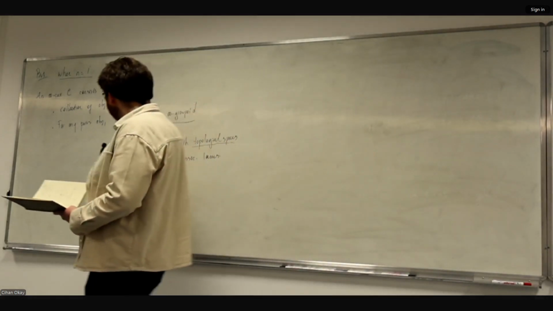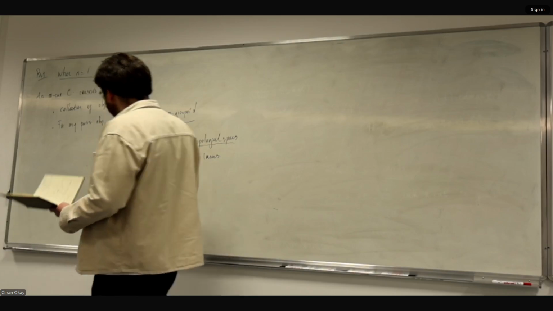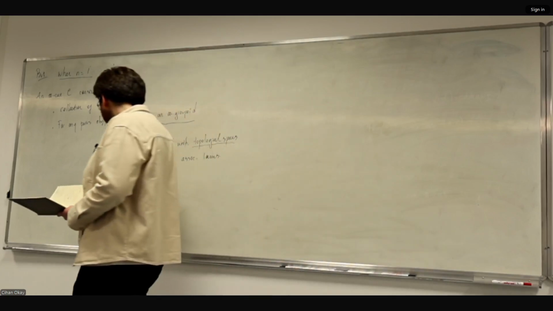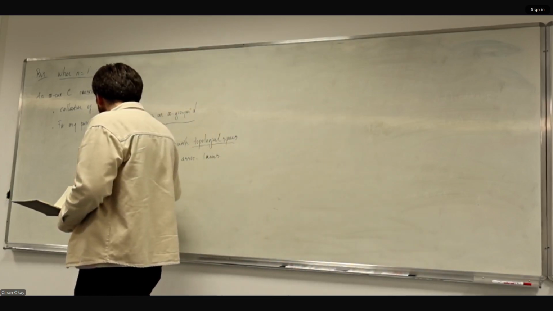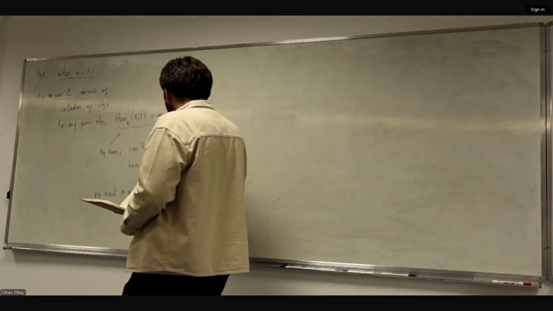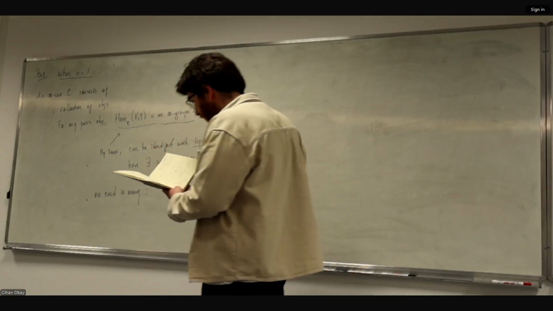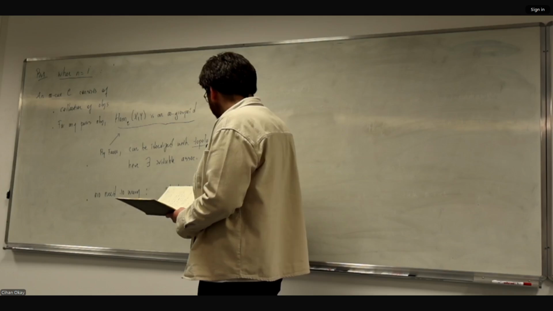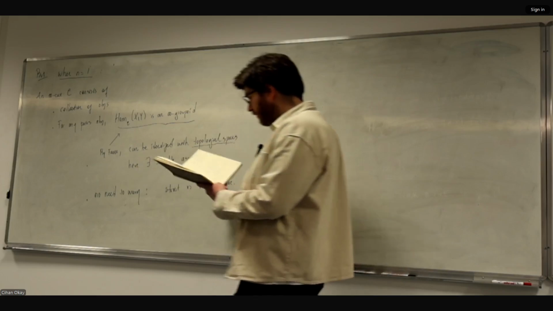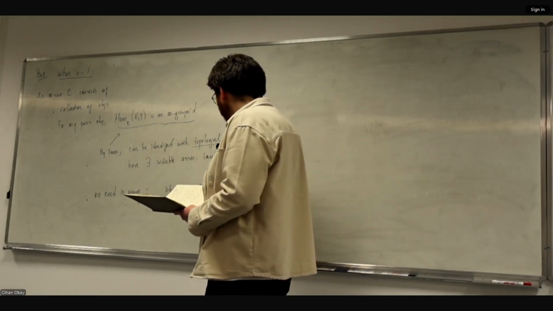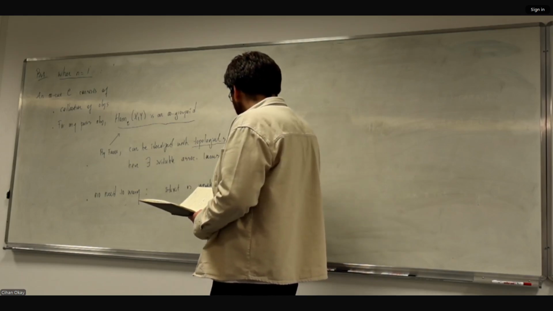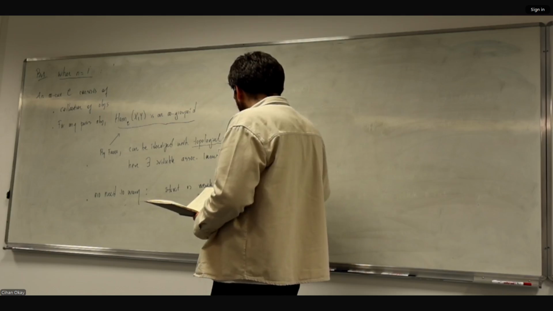And because of this, you don't need to worry about the strict versus weak associativity problem. Up to weak means you always work up to some coherent homotopy.